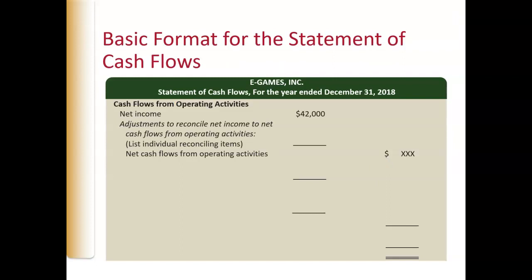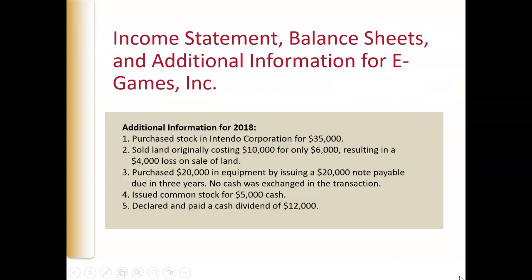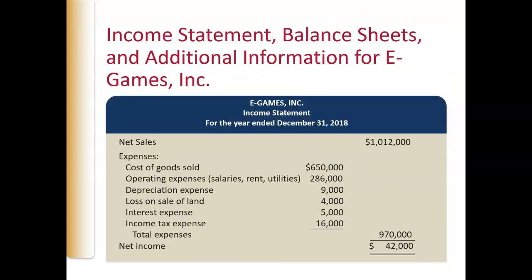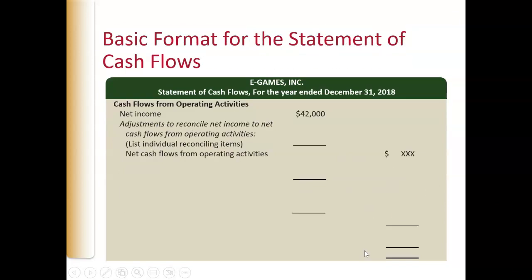The first thing we do is we go to our income statement and come up with the net income. You see here the net income is $42,000. First thing we do is show our $42,000 net income.